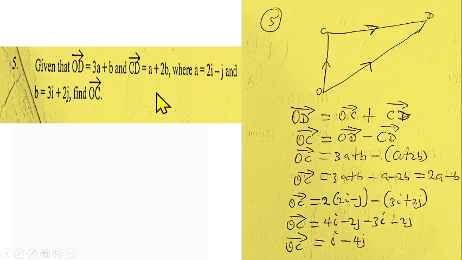And we substitute the values of a and b here. You'll have 2 into (2i minus j), minus (3i plus 2j). If you open the bracket, you have 4i minus 2j, then minus 3i minus 2j. So 4i minus 3i gives us i, and minus 2j minus 2j gives us minus 4j. So that's the vector OC.